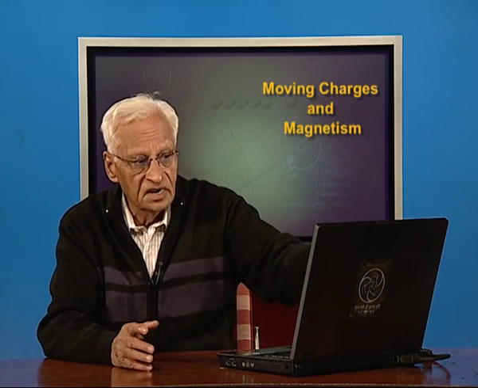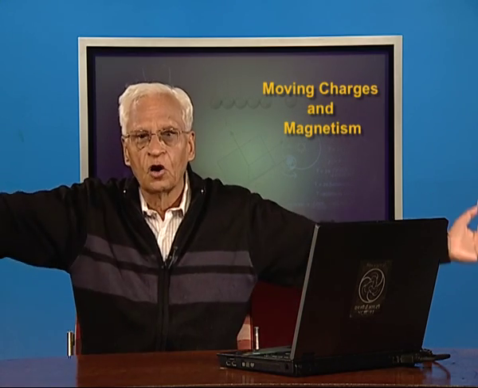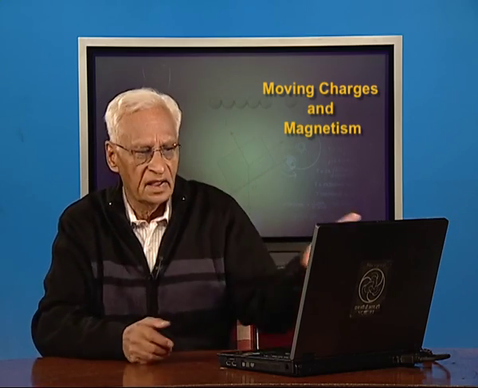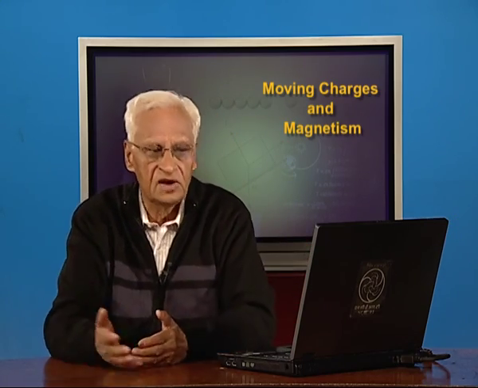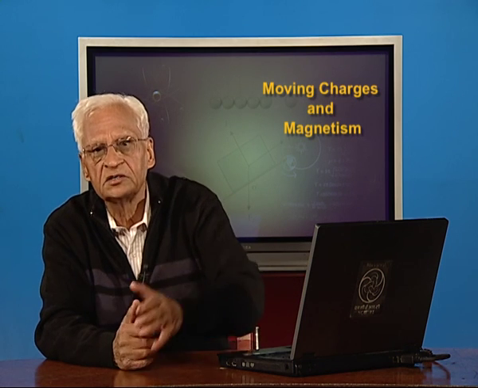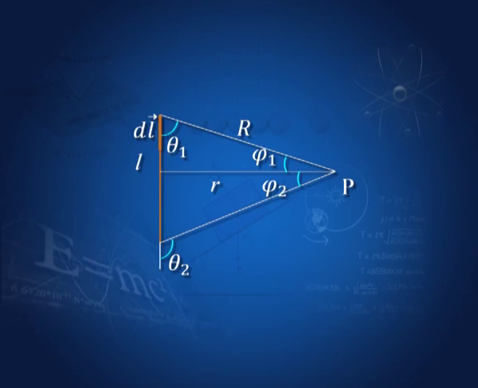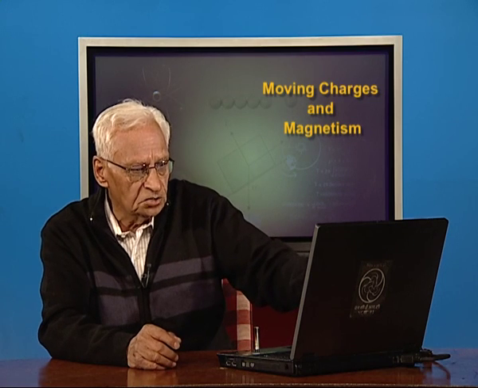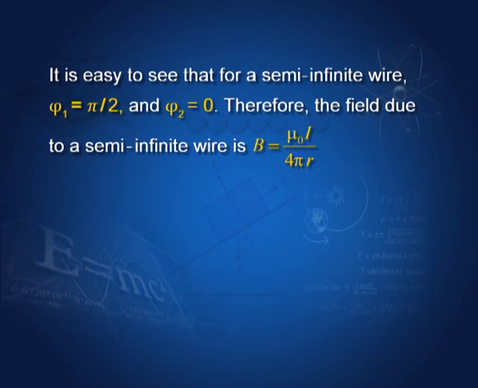So, we are not restricted to a long wire, we can have a short wire and we can find the magnetic field due to this wire at any point P on a line which is perpendicular to this. Let us find out the result for a semi-infinite wire.